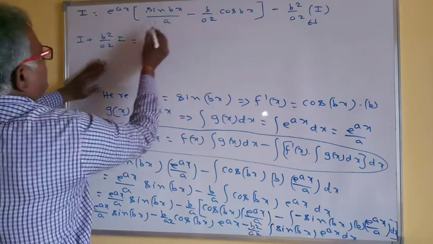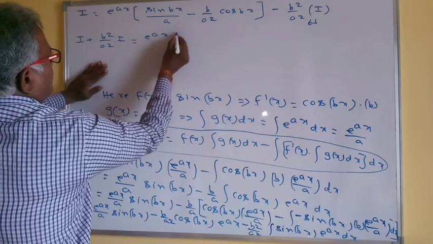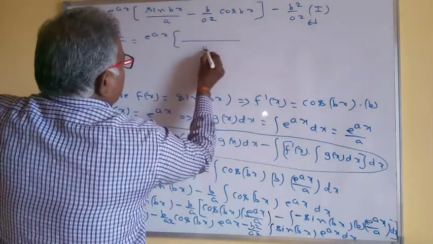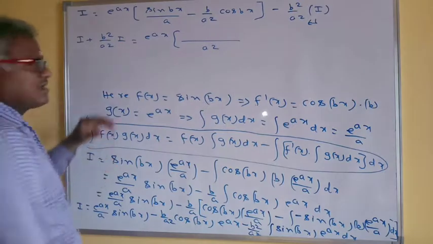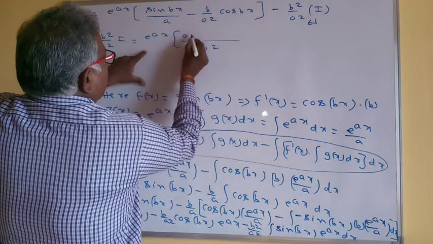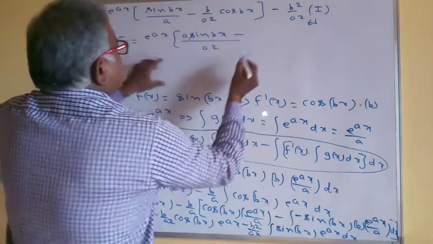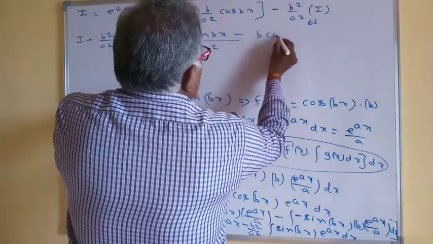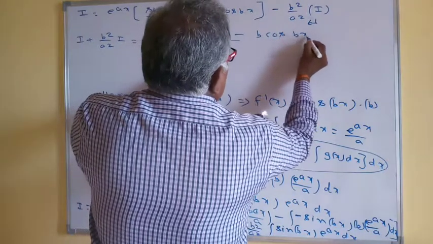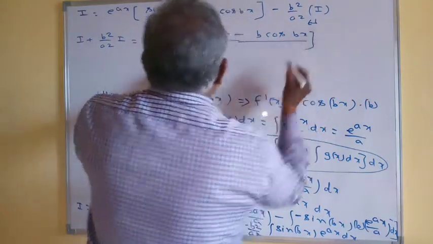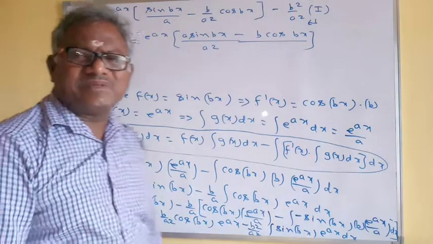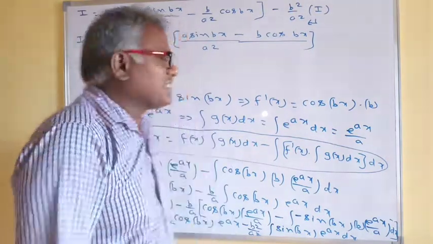Okay. Here, if you take the LCM as a square, what will you get? a sin bx minus b cos bx.